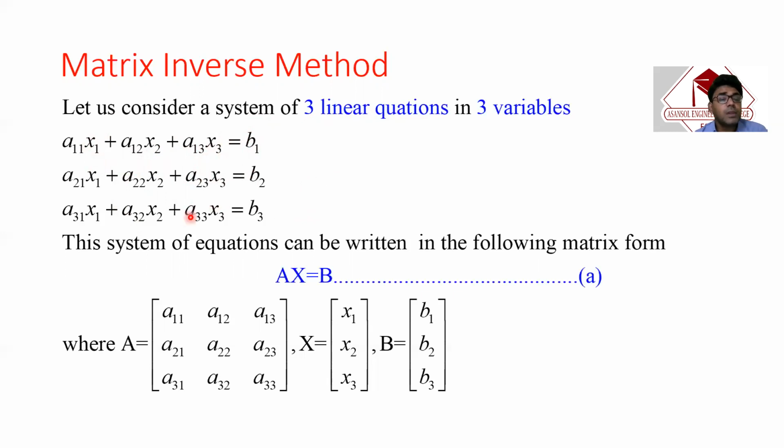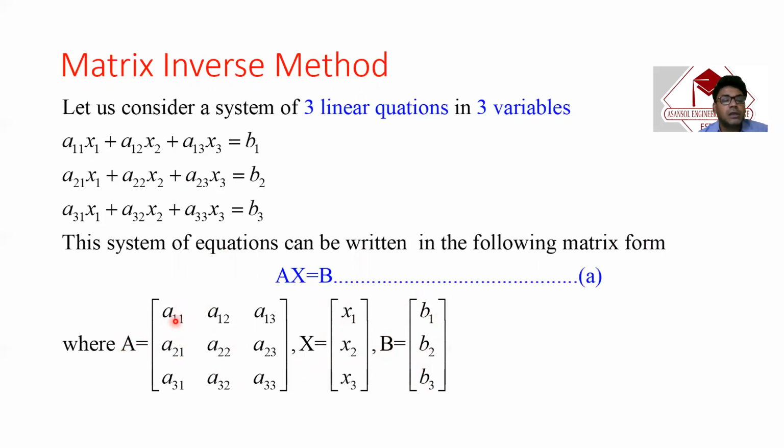Now this system of equations can be written in the following matrix form. This step is very, very important. Ax equals b. What is A? A is the coefficient matrix. What is X? The variable matrix, a column matrix. What is B? A constant column matrix. Try to understand how to find the A matrix.